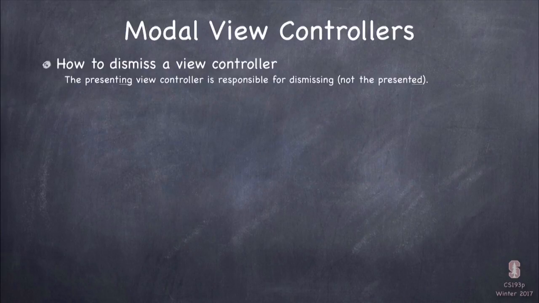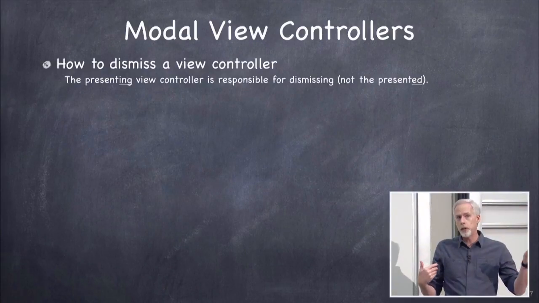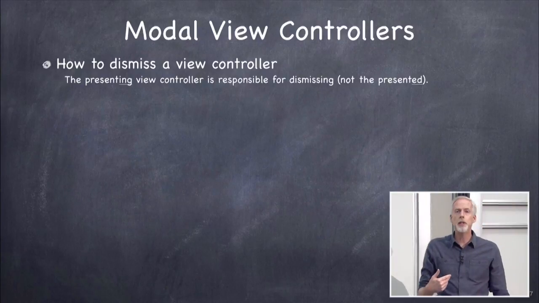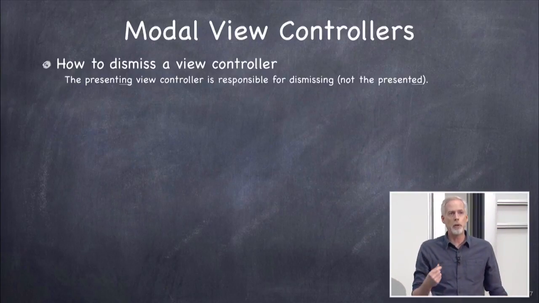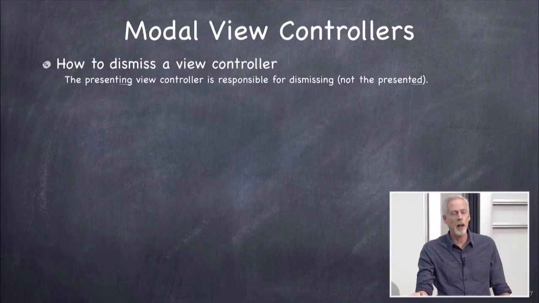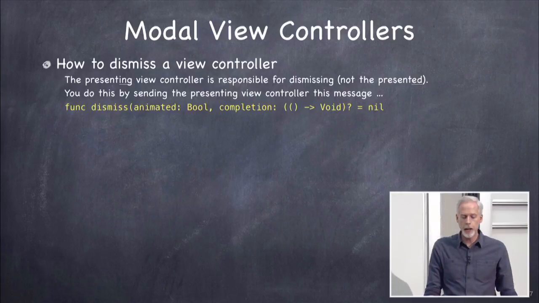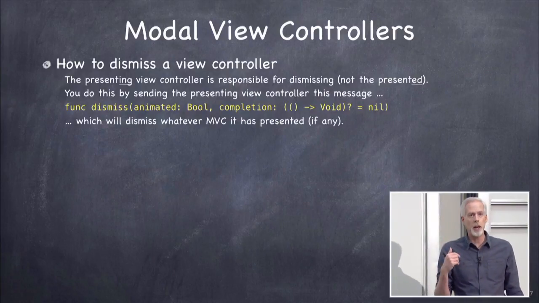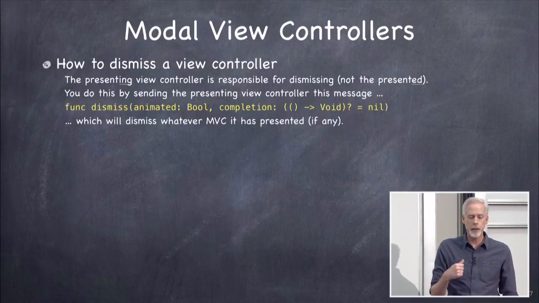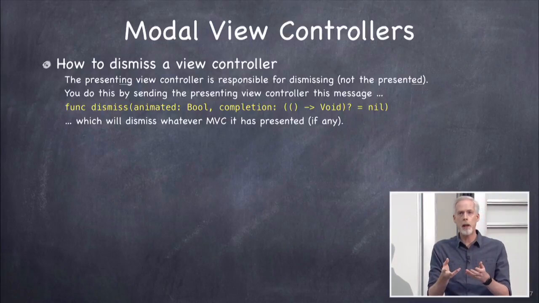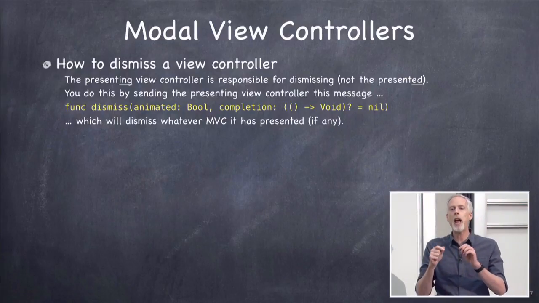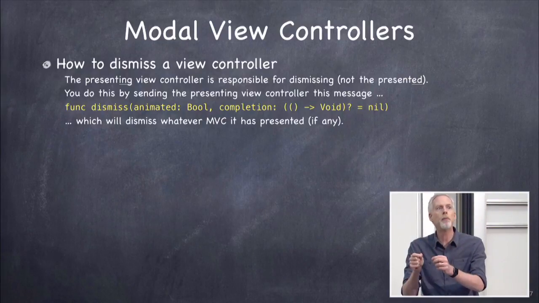How do you get the modal view controller to go away, like when you hit the cancel button? The answer is that the presenting view controller, the view controller that puts it up, the thing you segue from, is responsible for dismissing it. And it does it with this method, dismiss animated. When you send dismiss to an MVC, it means dismiss any view controller I've put up.